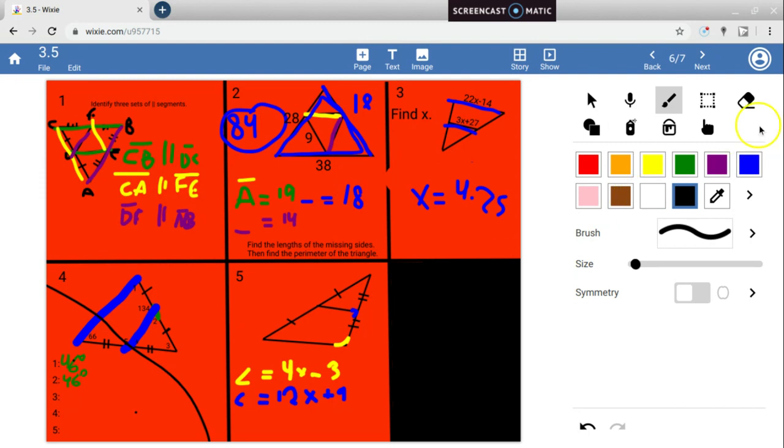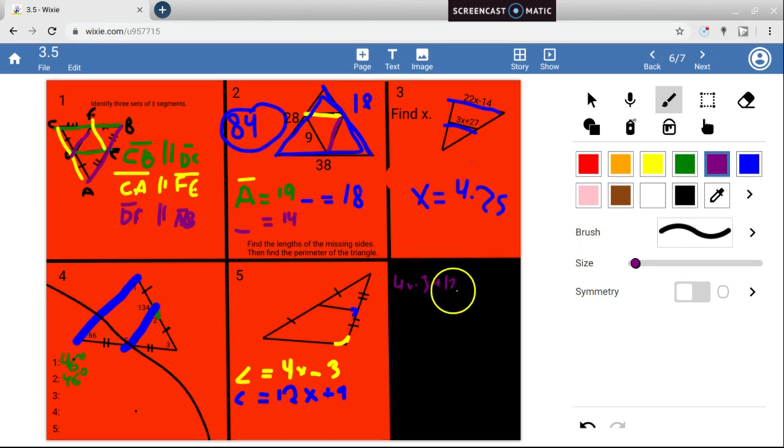So they add up to equal 180, so we can make this equation. 4x minus 3 plus 12x plus 9 equals 180 degrees. Yes.